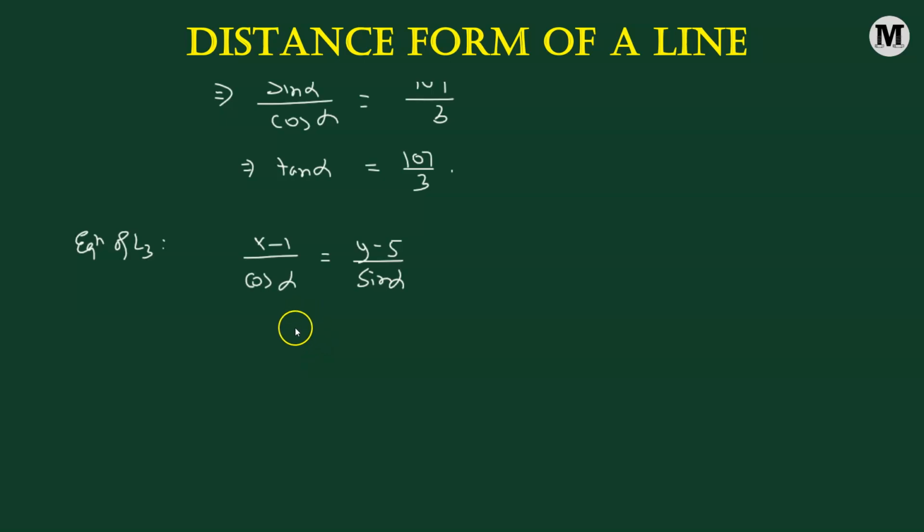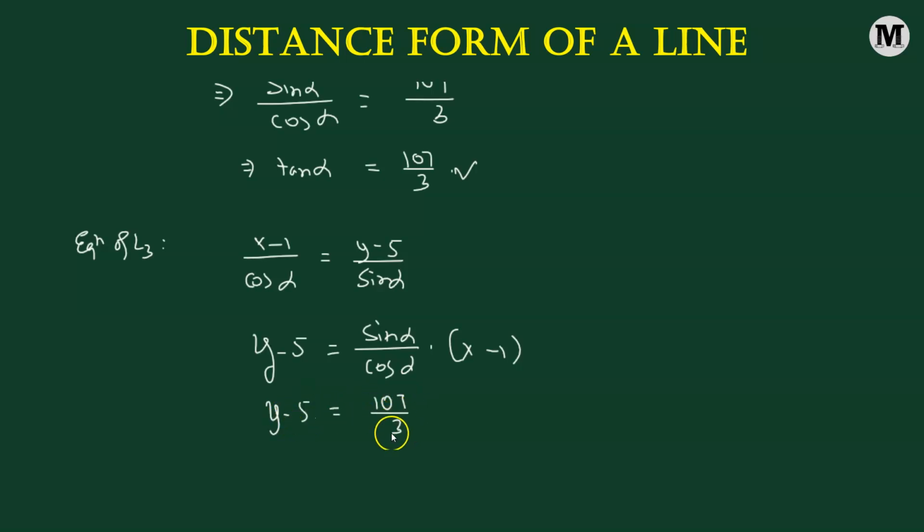In other words, we can rewrite this equation as y minus 5 equals sine alpha over cosine of angle alpha, whole multiplied by x minus 1. So sine alpha over cosine alpha is nothing but tangent of alpha, so y minus 5 comes to be equal to 107 over 3 whole multiplied by x minus 1.